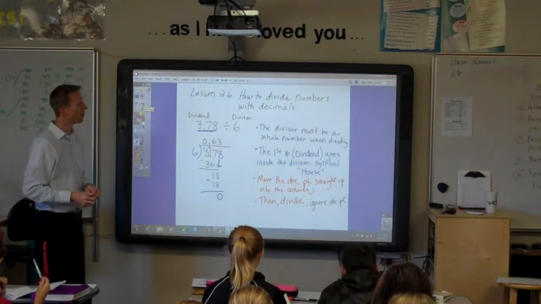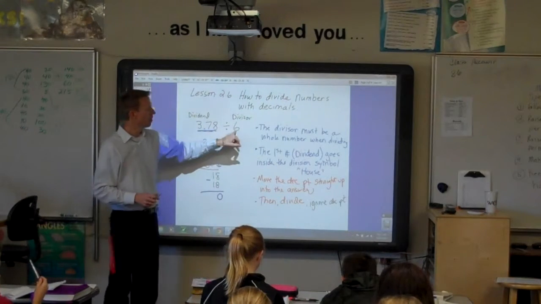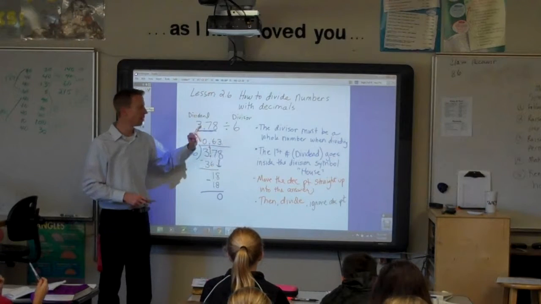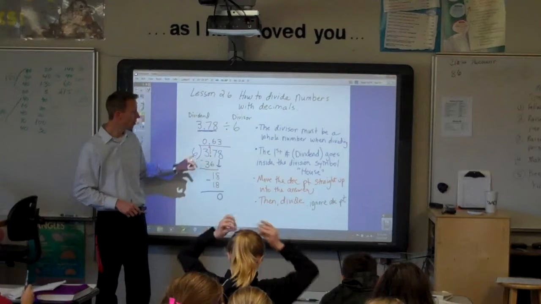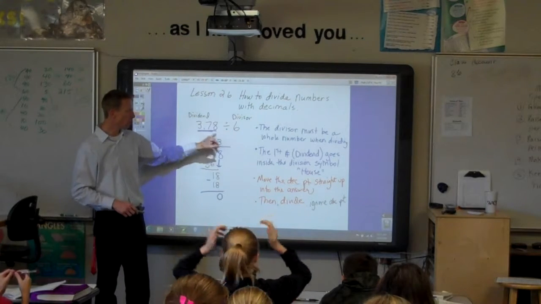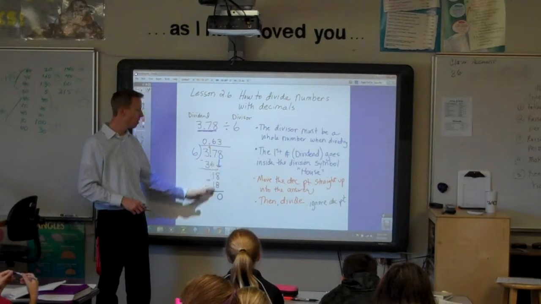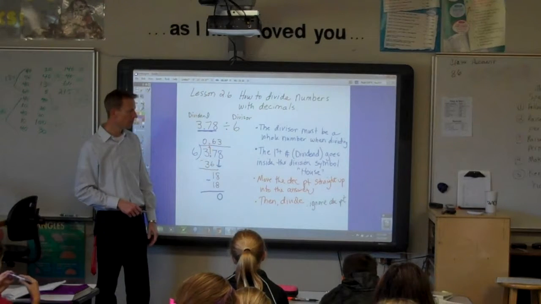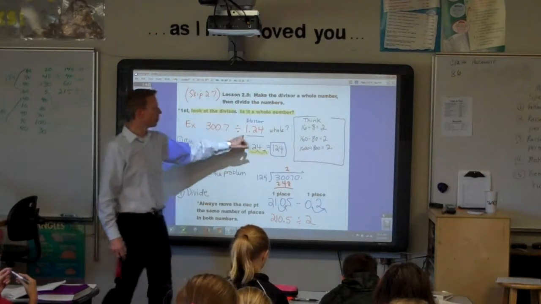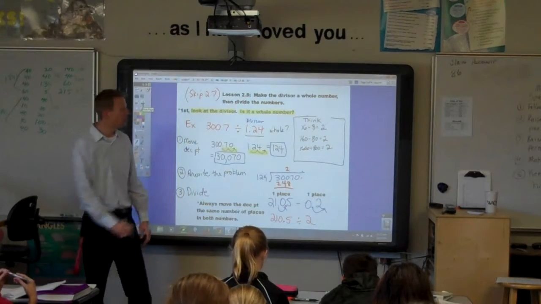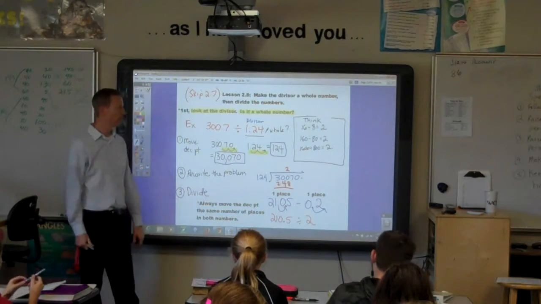Then we went on to dividing. And we said you have to divide by a whole number when dividing. So the divisor has to be a whole number. If it's already a whole number, then you can write the first number in the box, move the decimal point above the line, and then divide it out. Right? But if it's not a whole number, then you have to make it a whole number by moving the decimal point to the right out of the number.